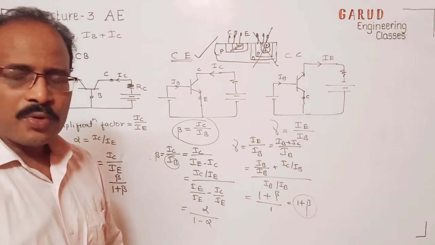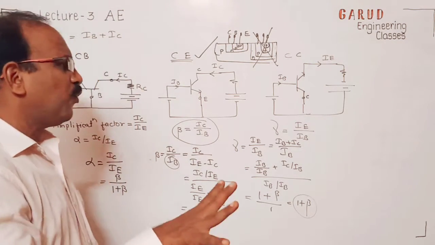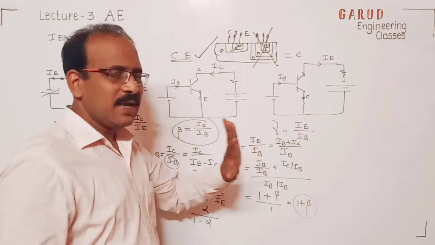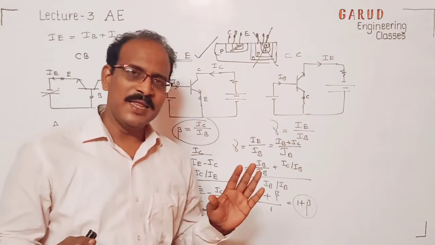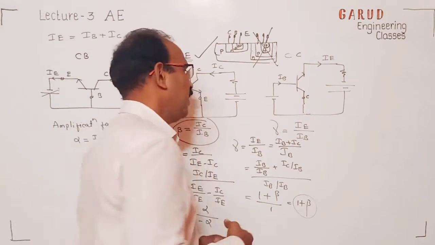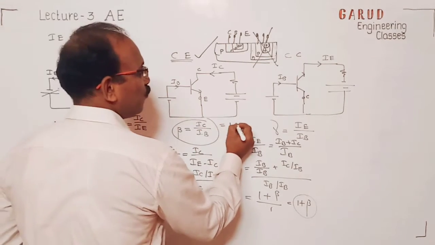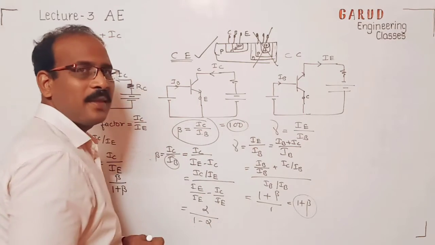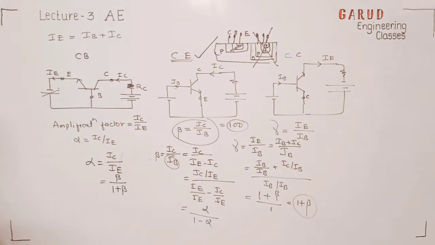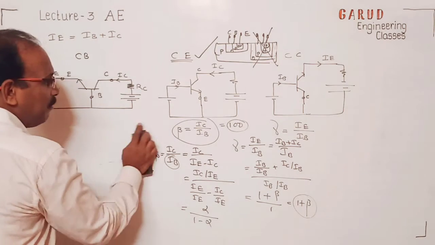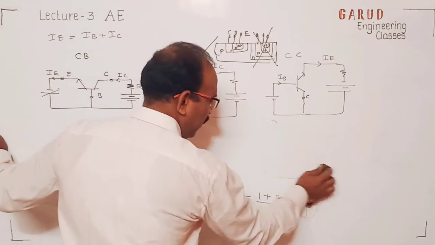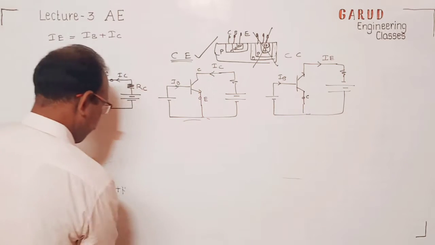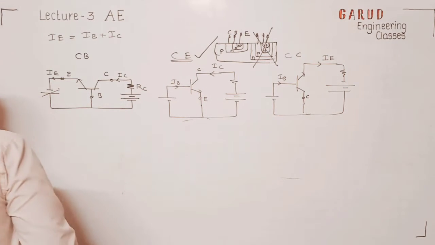Got it? So anyway, two formulas we have to remember. Suppose I take one example, and that is a very easy method to remember. Suppose beta equals 100. You don't need to remember the formula.